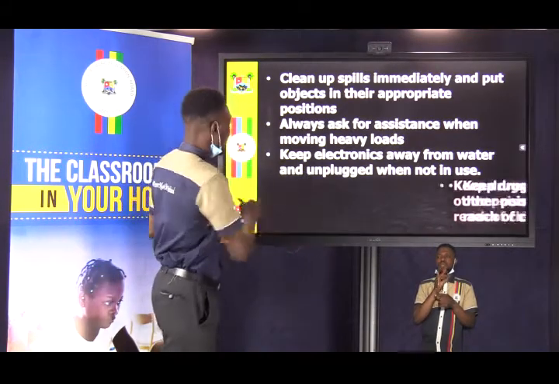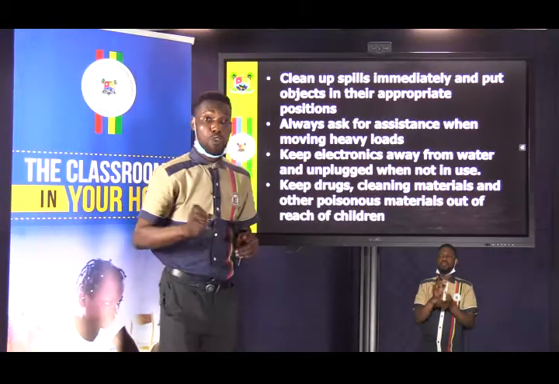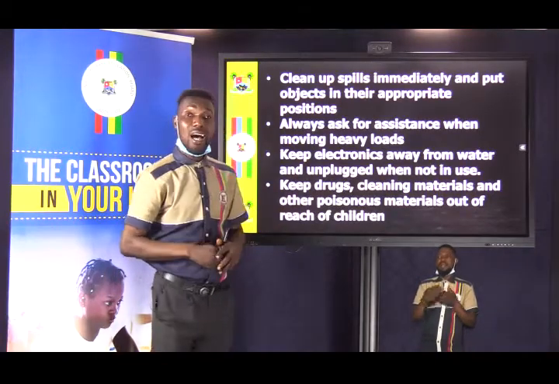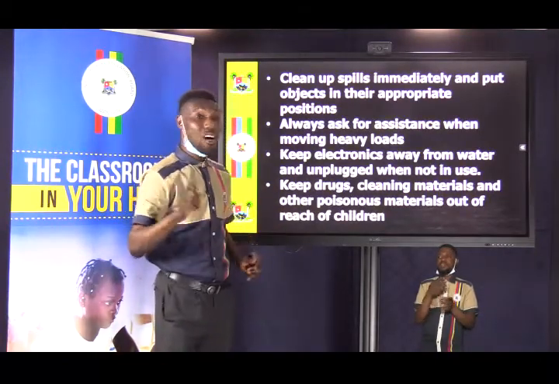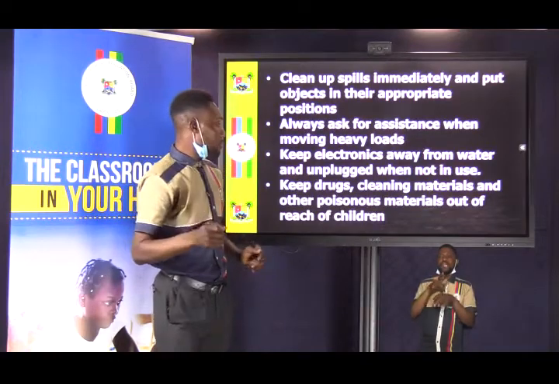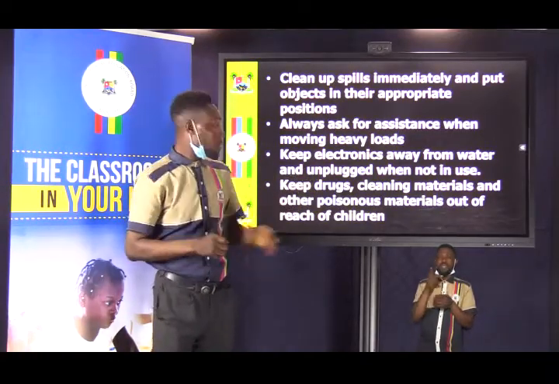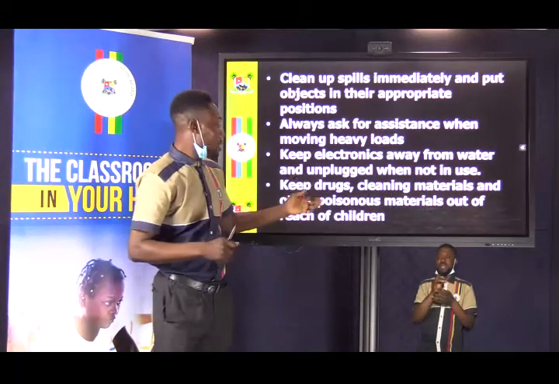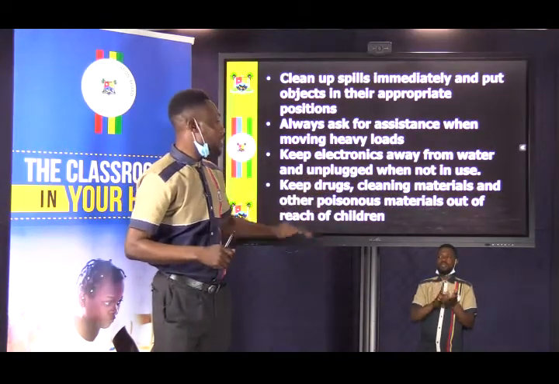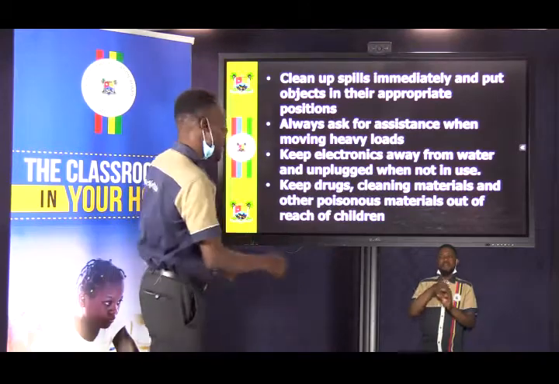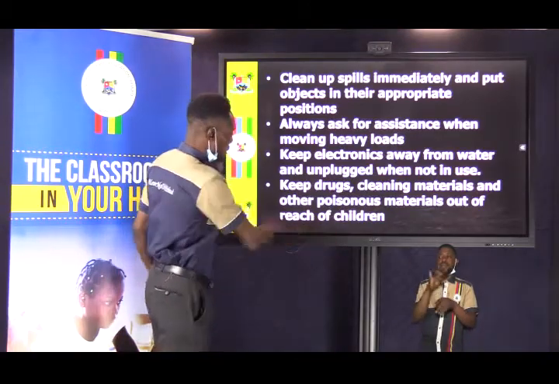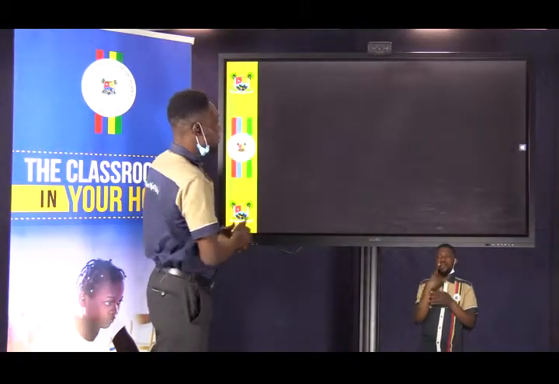It's dangerous. So next one is keep drugs, cleaning materials, and other poisonous materials out of reach of children. Drugs, that's why on some drugs you see keep away from children, because it's dangerous. So you keep drugs, cleaning materials, and other poisonous materials out of reach of children. That's one of the safety precautions.